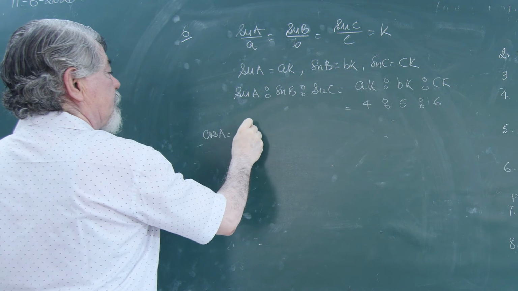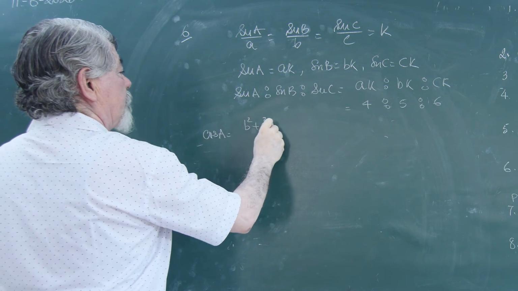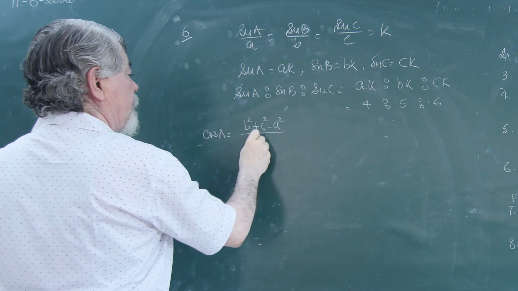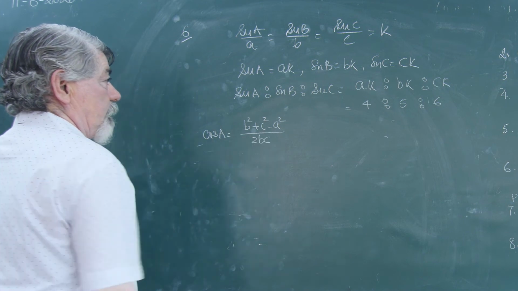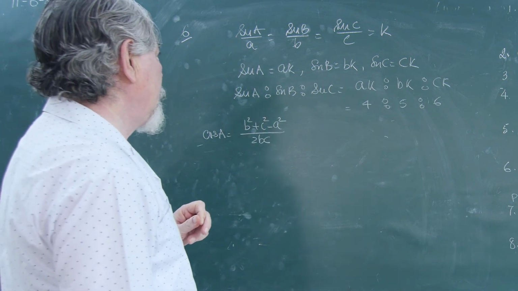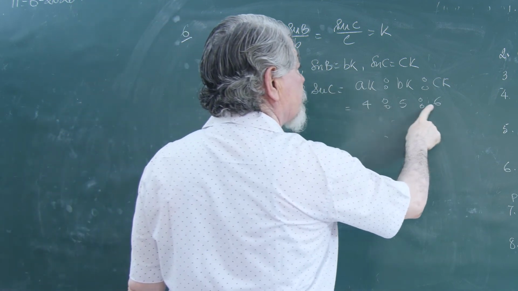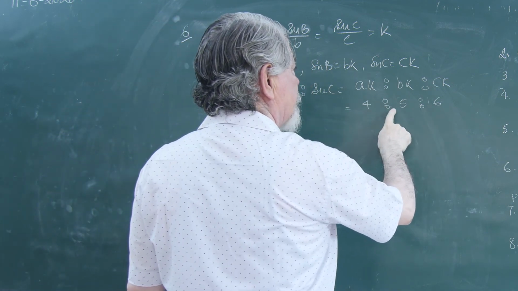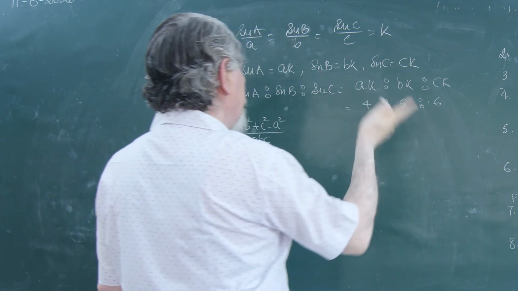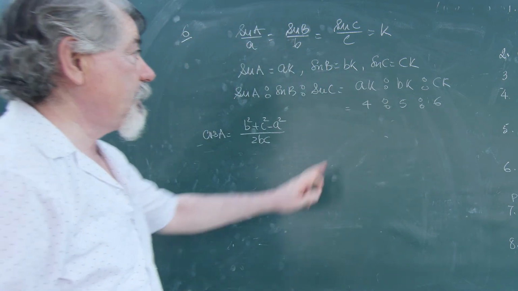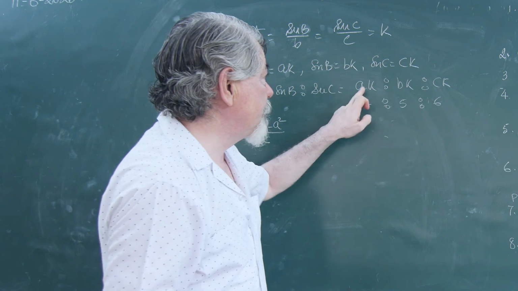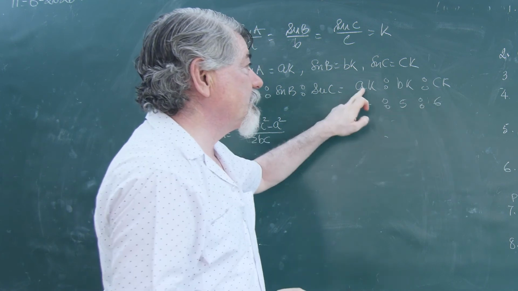Cos A will be B square plus C square minus A square upon 2BC. This is A, this is B, this is C. So let us put their values. These are A, B and C, because K will cancel everywhere.